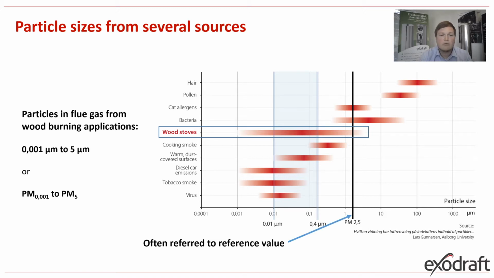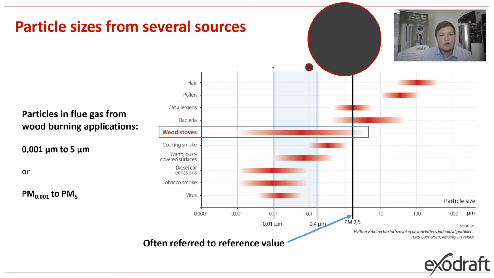The often referred to value for fine particles is the one called PM 2.5. These are measured in various measurement stations and referred to for fine particle emissions. But you can see the wood stove emissions actually go much further down than only PM 2.5.